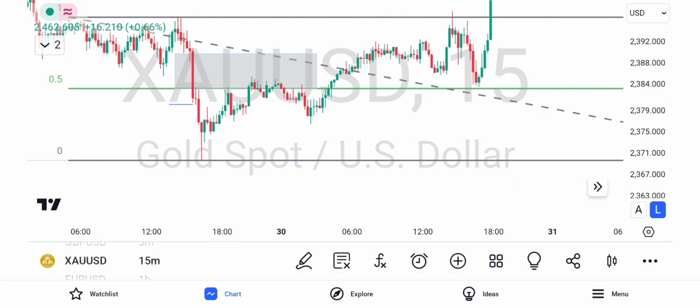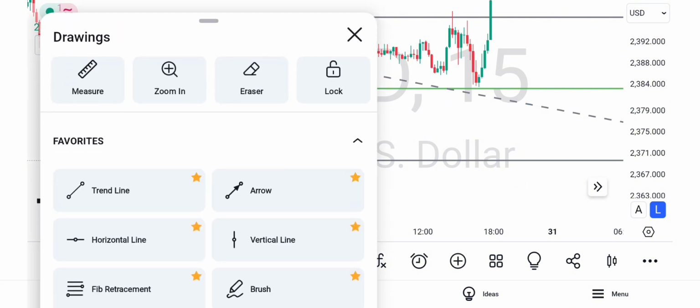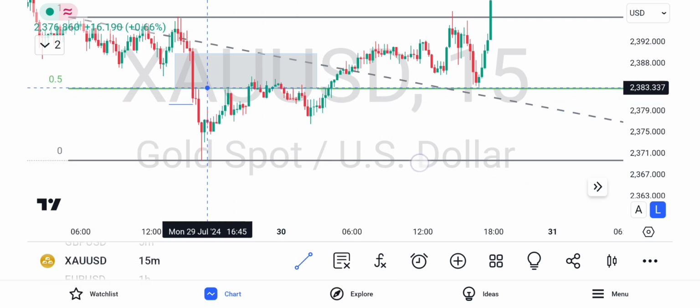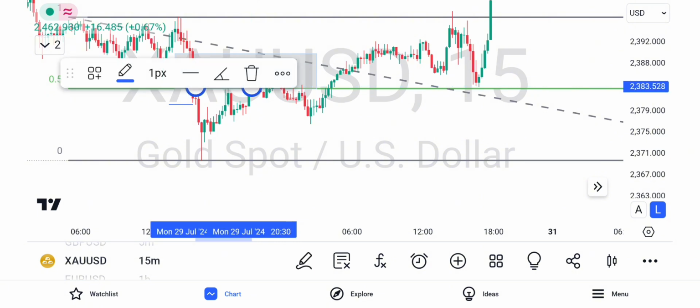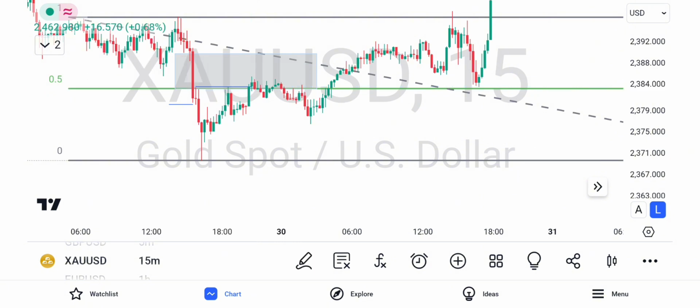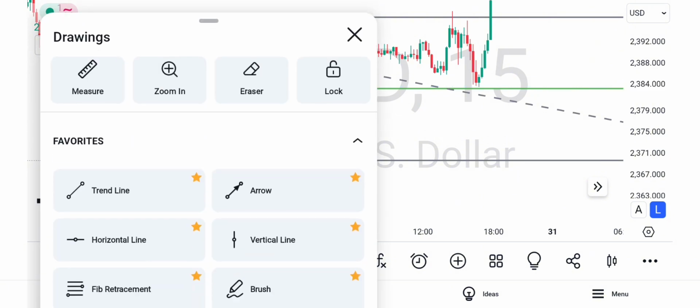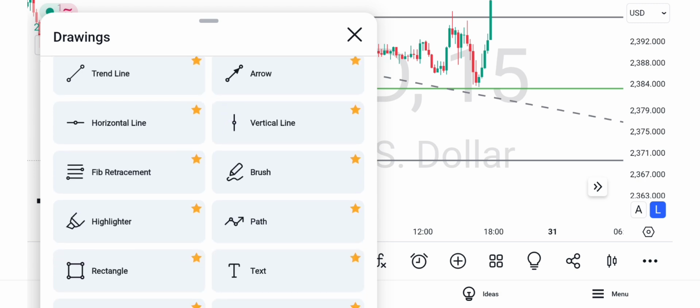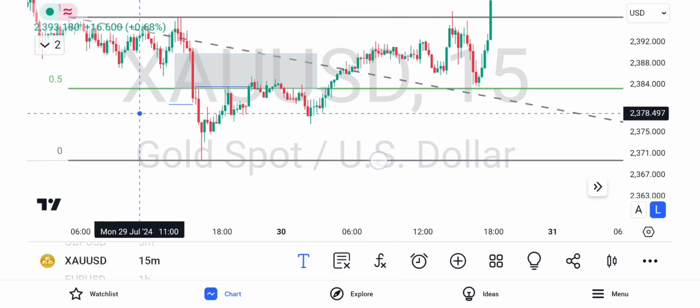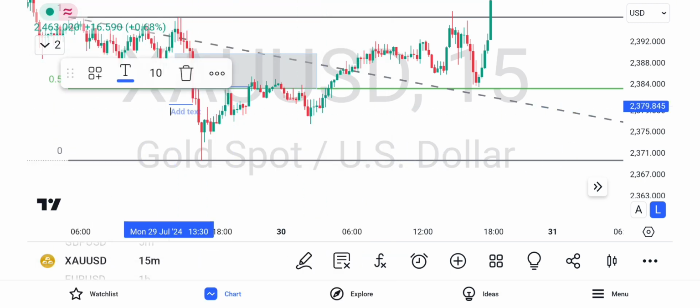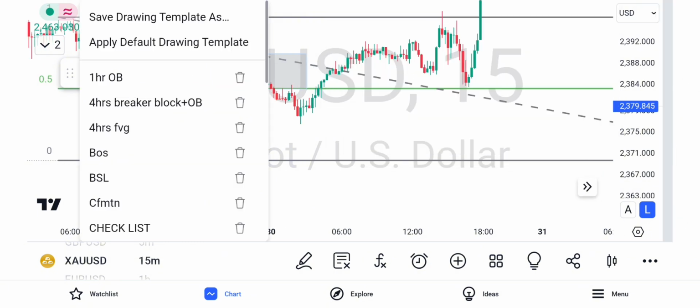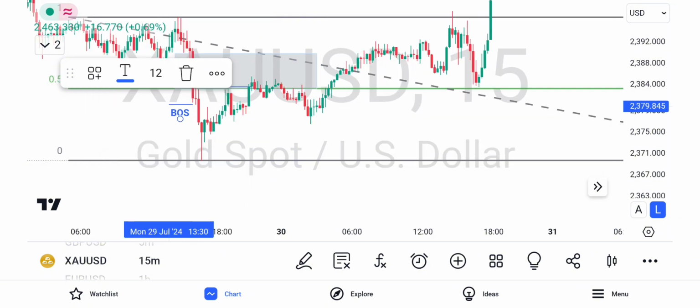All right, for a break of structure and then a change of character. A change of character, right? So pardon me, let me also annotate this place to avoid missing out. Break of structure.